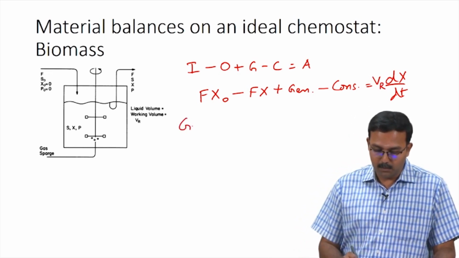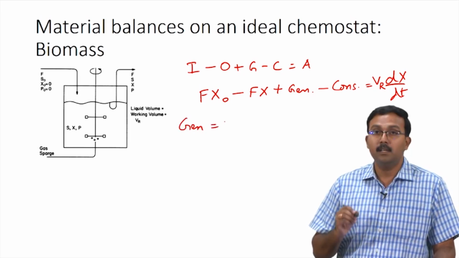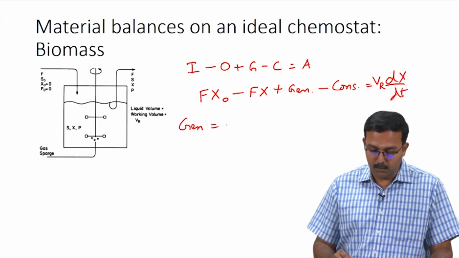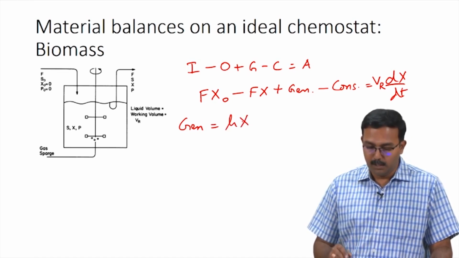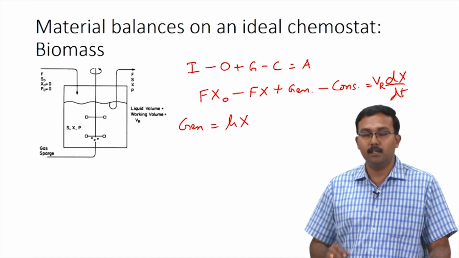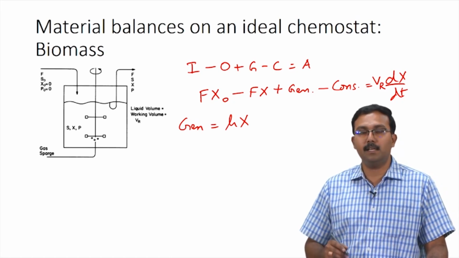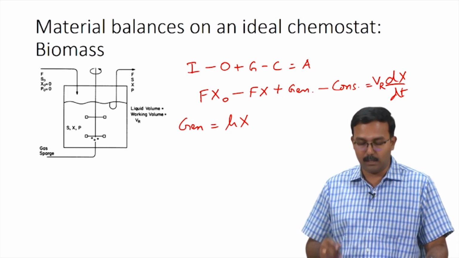Generation for biomass will depend on the growth of the cells. That would be based on the specific growth rate, mu times x, which gives us the growth rate in terms of change in biomass concentration with respect to time due to cell growth.